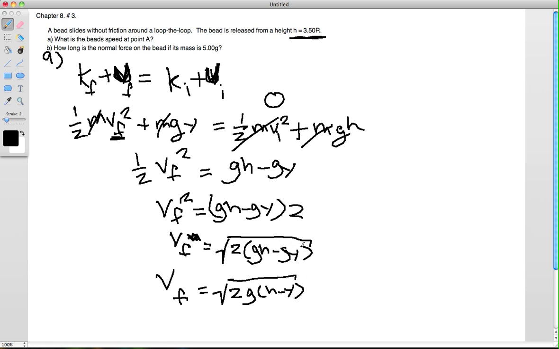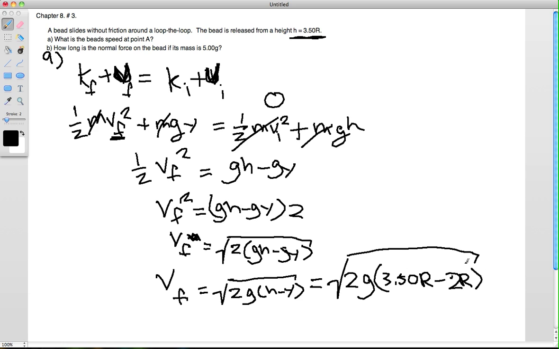Now all you have to do is plug in h. So you get the square root of 2g times (3.50 R minus 2R).